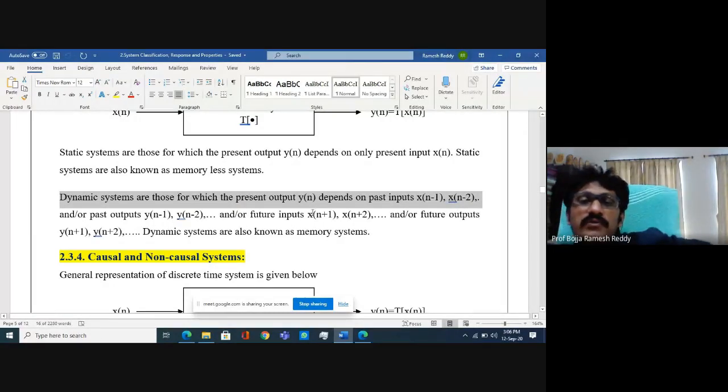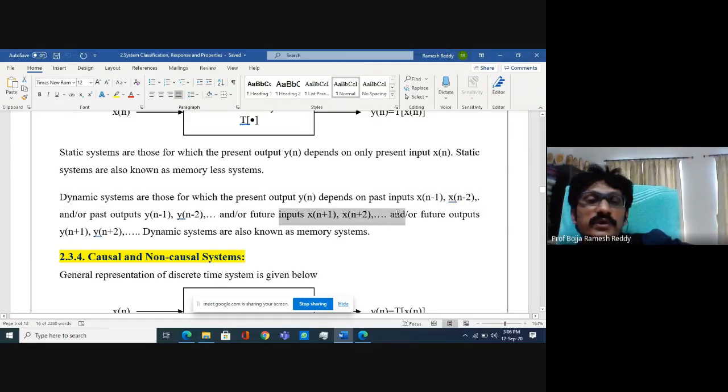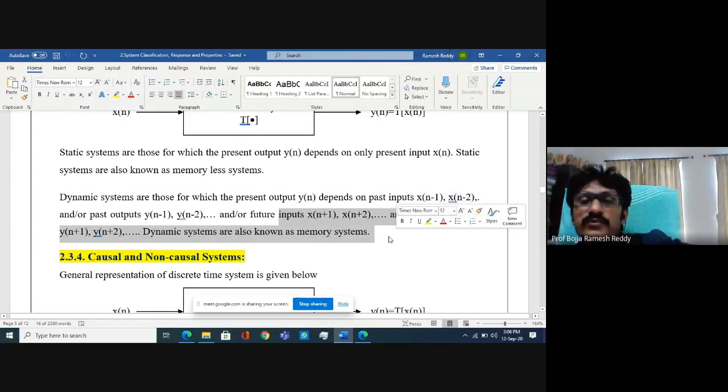Sometimes we have to design systems by considering future inputs and outputs also. Future means x of n plus 1, x of n plus 2 are future inputs, and y of n plus 1, y of n plus 2 are future outputs.